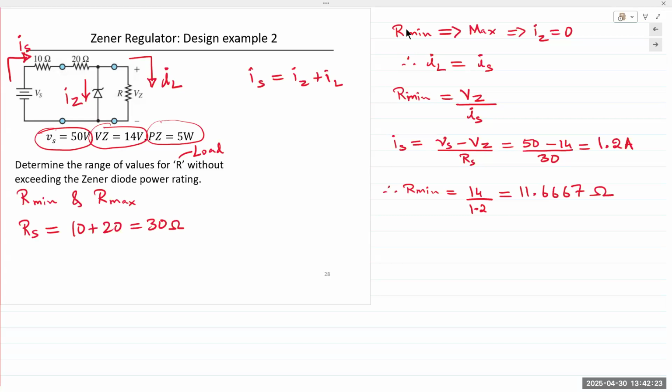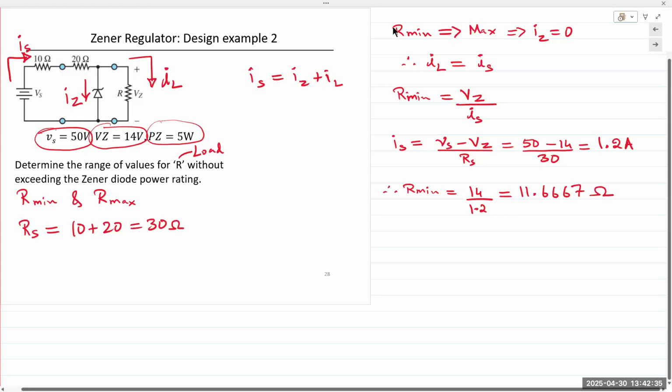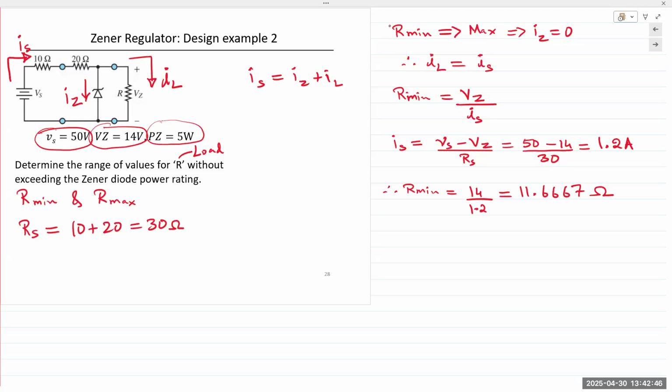If you try to build this in the lab, there's no resistor with an exact value of 11.7. We have to create it with a combination of series and parallel resistances. Depending on how close we can get to that value, our answers would be either close or far away from our calculations. Anyway, that was just a small point.